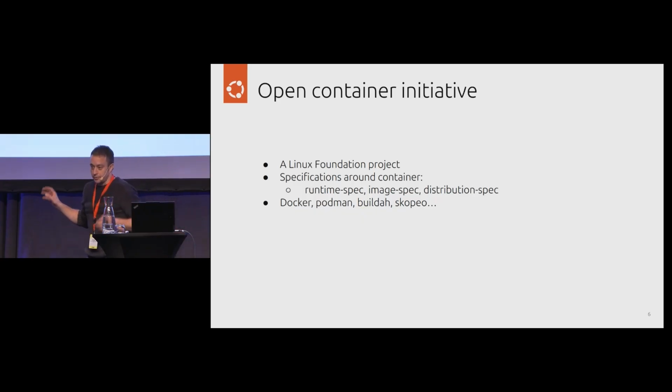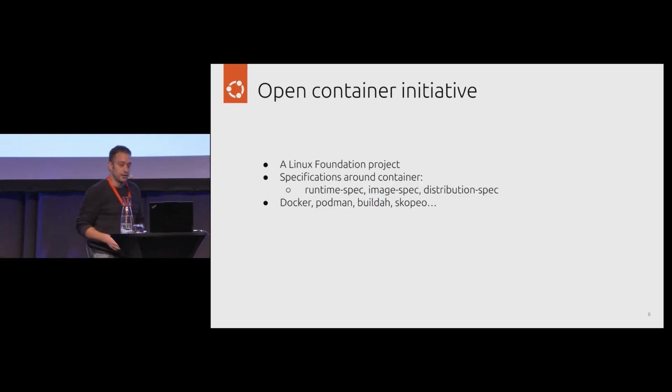Just a digression after we've built the Docker container: what's the OCI thing? Sometimes we say OCI container, others OCI image, Docker container. What is it that we are talking about? OCI is the Open Container Initiative. It's a Linux Foundation project, and it's specifications around containers.